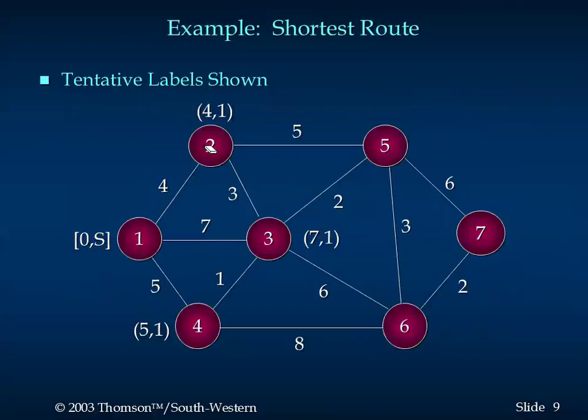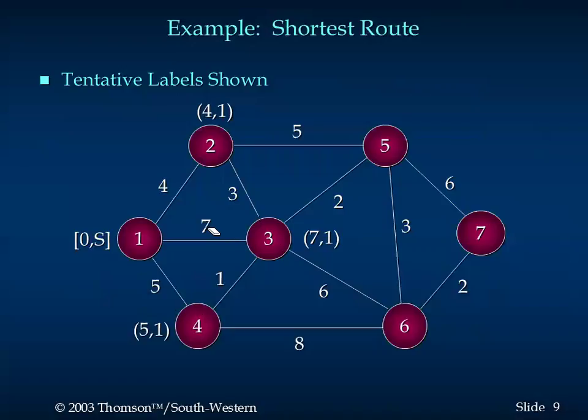So 0 plus 4 is 4, and the preceding node to this is 1. Here 0 plus 7 is 7, preceding node 1. Here 0 plus 5 is 5, preceding node is 1.